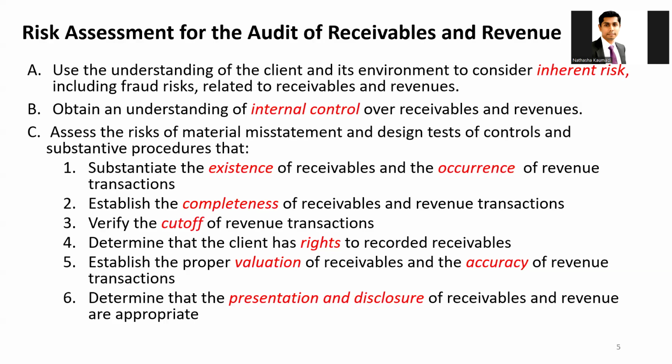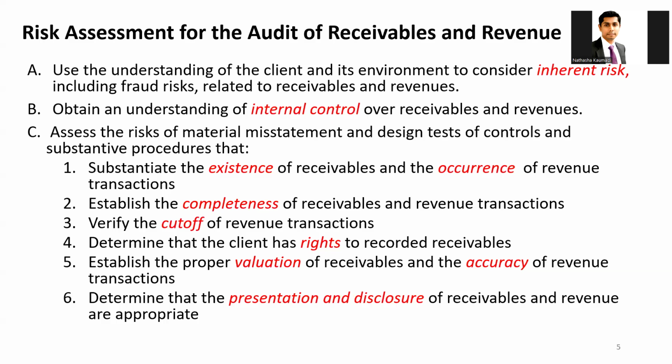If there are some issues, now you get to know that there have been frauds found in the past audit, or during this year your client's finance manager is saying there were some fraud indicators during the period. So fraud risks can be there.